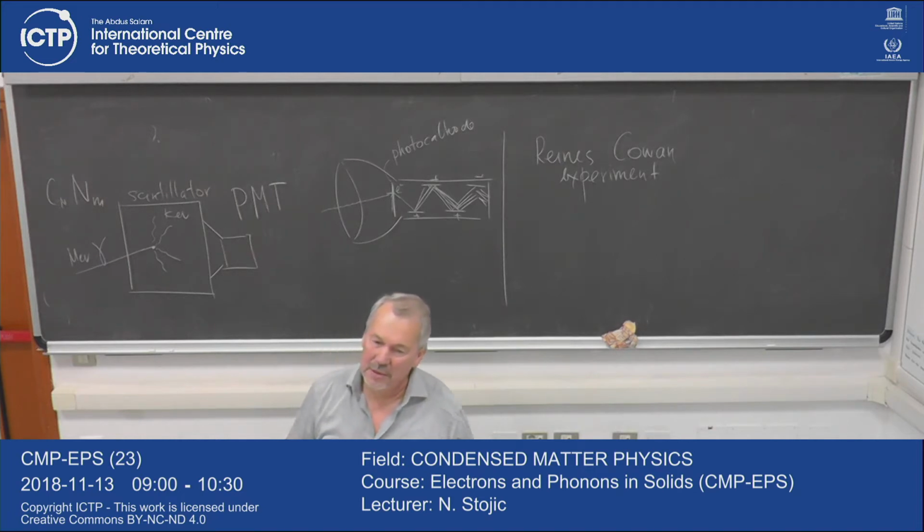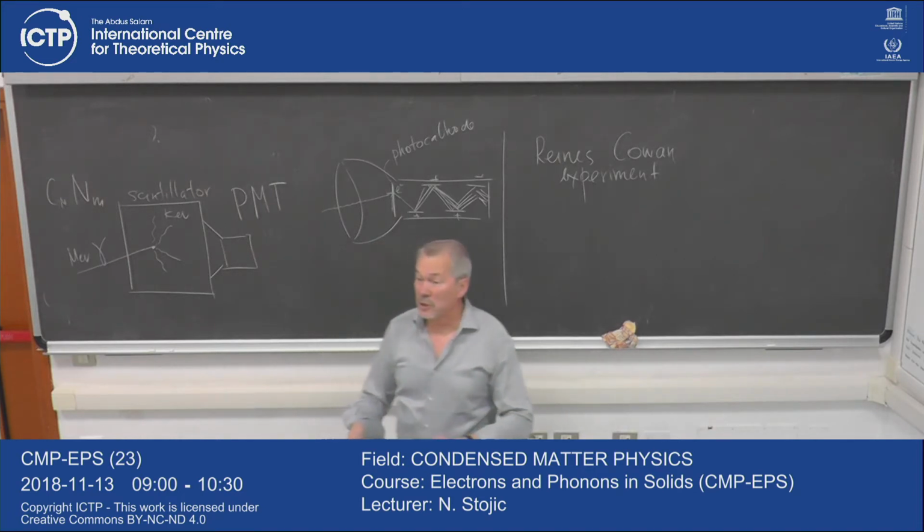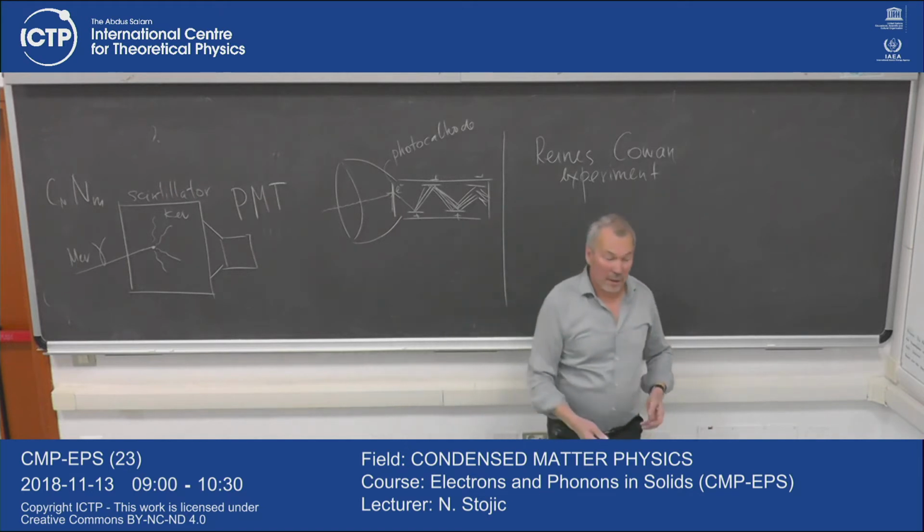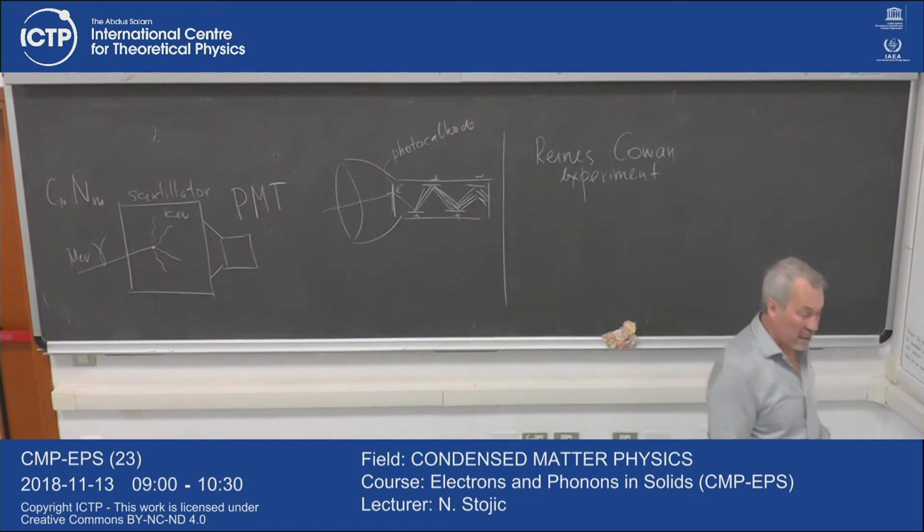So people also discussed detecting neutrinos from nuclear explosions, and actually Reines was trying to do this at first. But eventually, the method which led to the discovery of neutrinos was different.